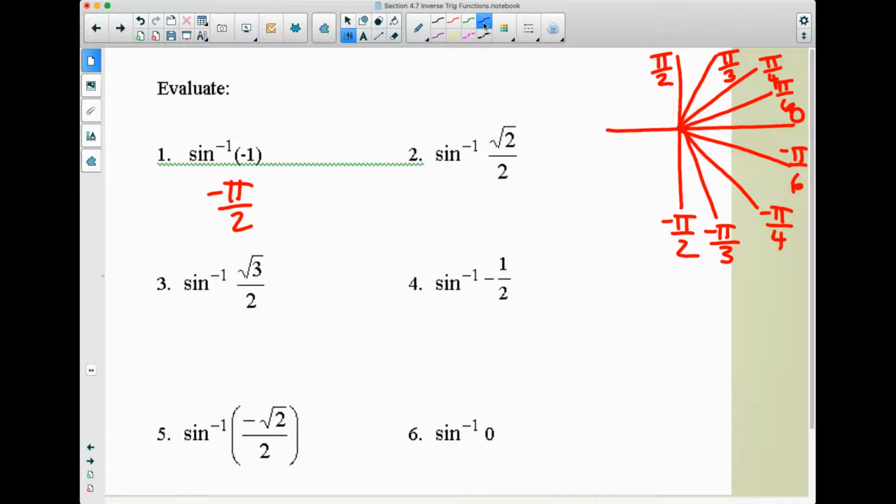So just like when we made the unit circle, the process of it felt like, oh my goodness, what are we doing? We have to write all this out. But then once it's written out, you're able to pull answers pretty quickly. Same thing with inverse. I can ask myself the question, where is sine √2/2?